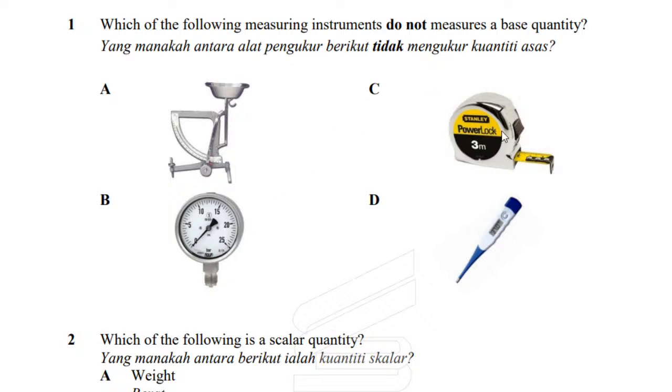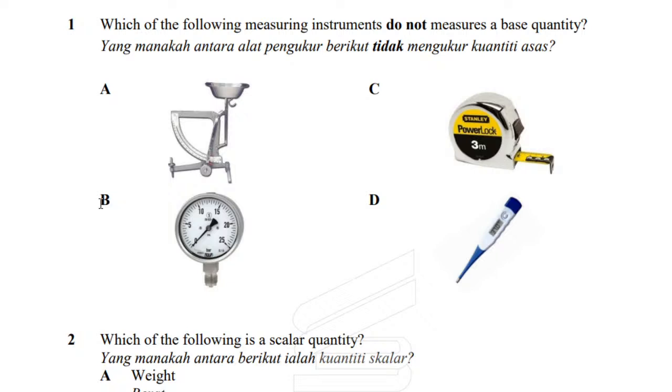C is used to measure length, and D is used to measure temperature. Temperature, length, and mass are base quantities, but pressure is a derived quantity. The question says "do not", so the answer is B. Chang Hong, Vivian, Jiaming, you get the correct answer.